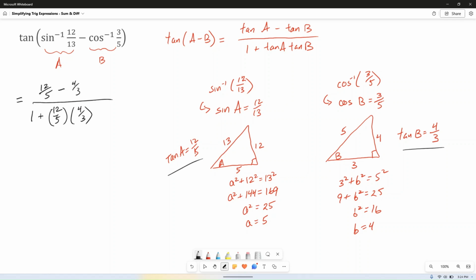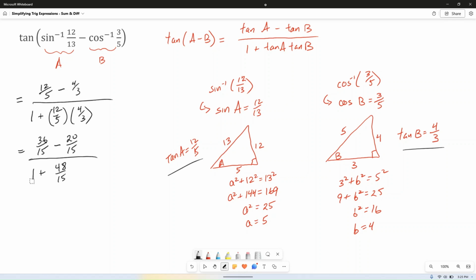In the numerator, to combine 12/5 with 4/3, we need a common denominator, which is going to be 15. So multiply 12/5 by 3, which gives me 36 over 15. I need to take the 4/3 and multiply it by 5, so that's going to be 20 over 15. So we have 36/15 minus 20/15, divided by 1 plus, well, if we multiply 12/5 and 4/3, we get 48/15.